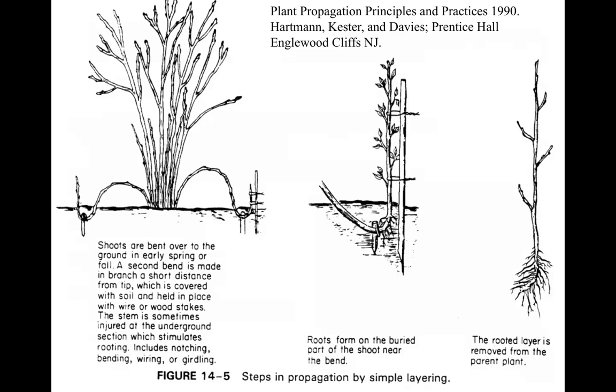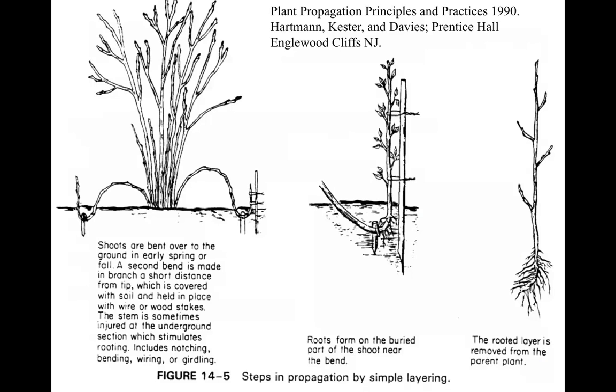Starting with tip layering, this one is probably the easiest one and happens naturally. If you've ever grown blackberries or raspberries at home, you might notice that if the stem touches the ground, it will then produce roots. So you might trip over them if you're not careful.